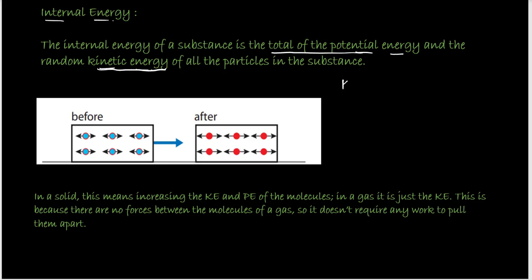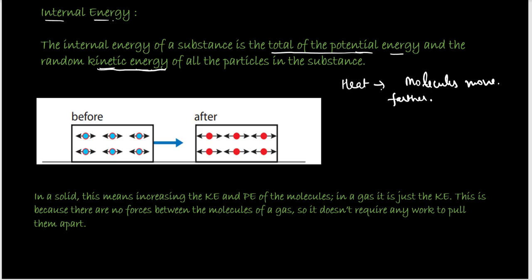So, what do you imagine when you heat a substance? What happens? On heating, these particles vibrate even more. So, they can move far apart, right? The molecules move farther, so their potential energy increases, and in the motion or vibrations the kinetic energy also increases.